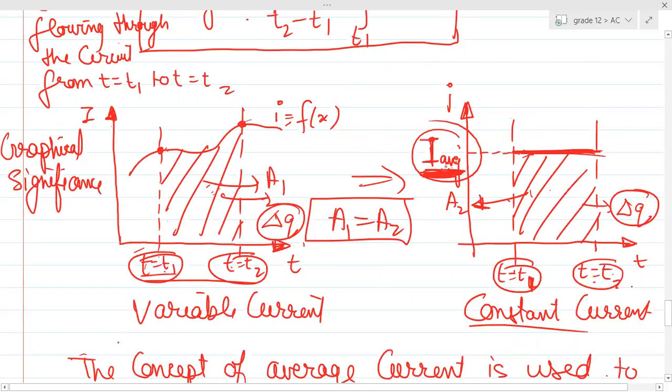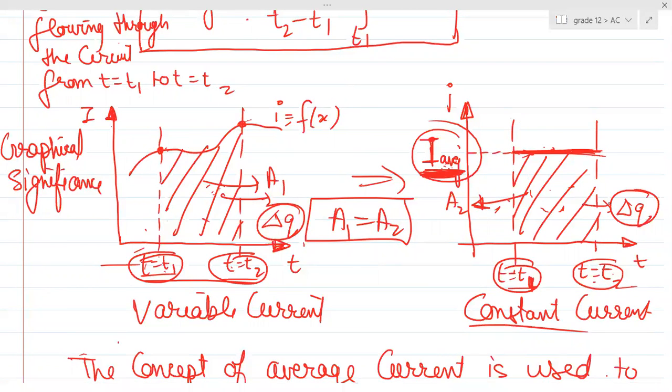Yeah. So it is that value of a direct current which flows through the same circuit, due to which the same charge flows in the same time interval in the case of both the AC as well as DC. So ultimately, you are using this concept to convert this AC to a DC point, right?